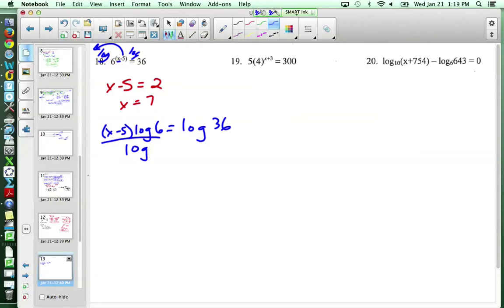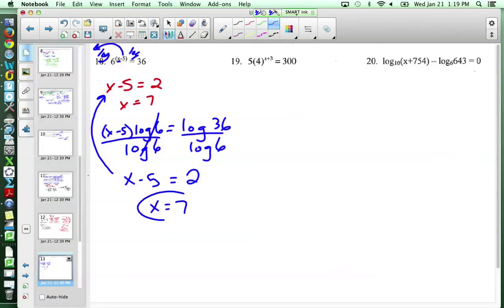Divide both sides by the log of 6. Those cancel. The log of 36 divided by the log of 6. Type that into your calculator. You should get 2 for your answer. Notice that now we have the same equation that we had up top. Add the 5 to both sides, we get x equals 7. So whichever way you do it, one's a little bit harder, but it sticks more with what we've been doing in class over and over again.